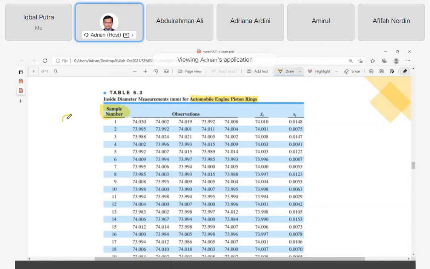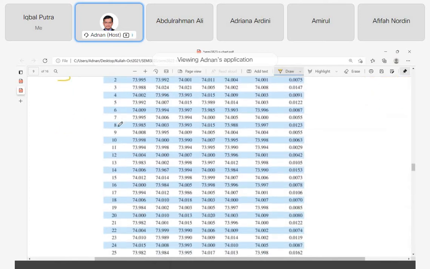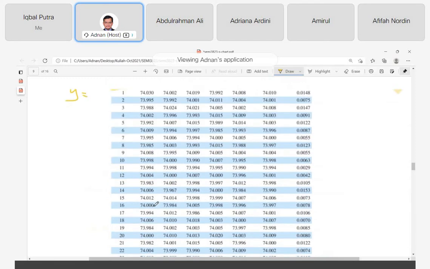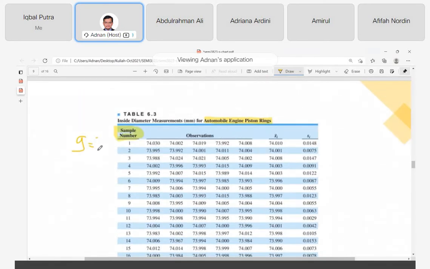In this case, g is equal to 25. See, we have 25 here, so 25 subgroups.